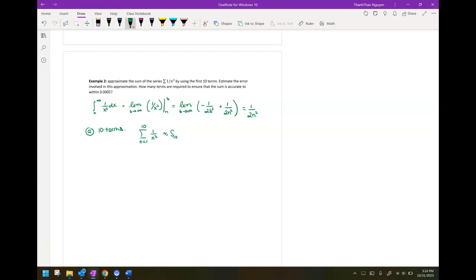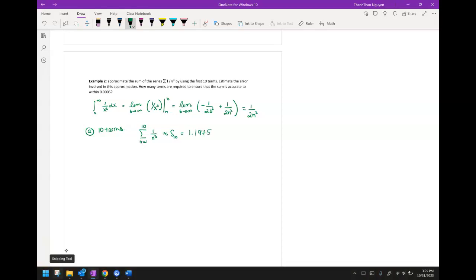We can do this in our calculator or Excel, and we get this value to be about 1.1975.